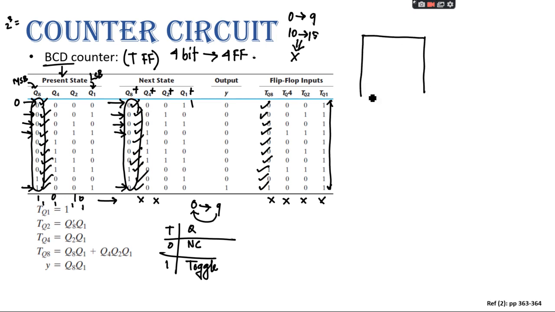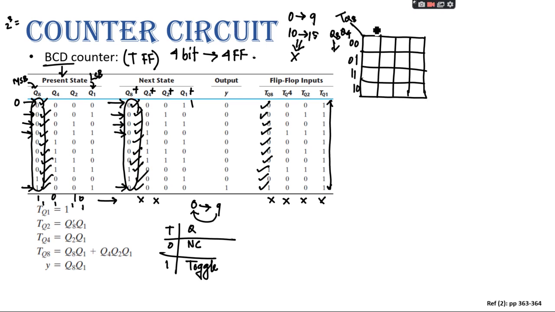So now if I do the K map for T8, the input here should be Q8, Q4. Along this direction, it should be 0, 0, 0, 1, 1, 1, 1, 0.